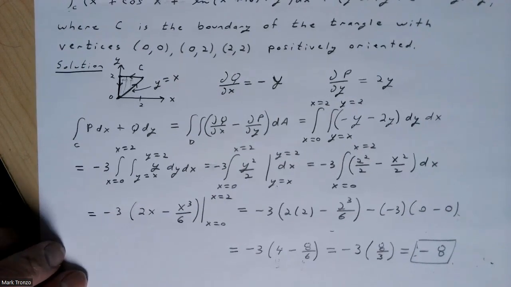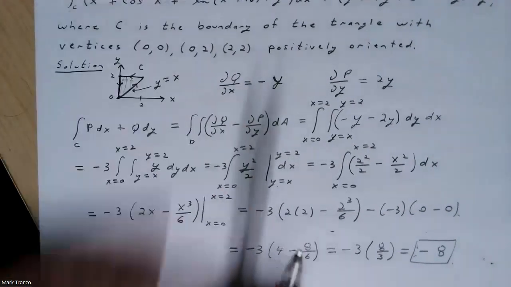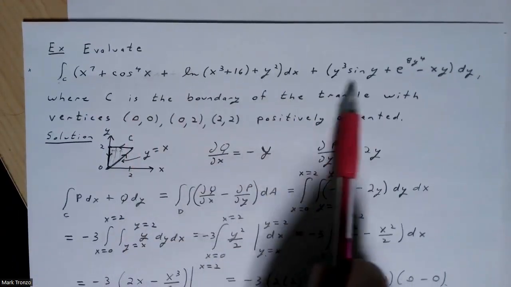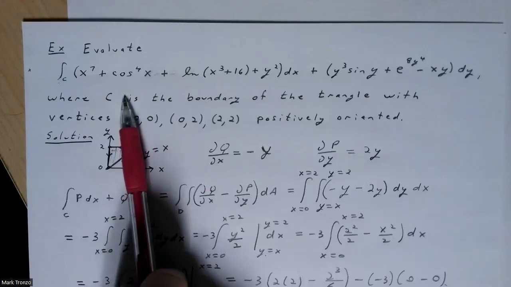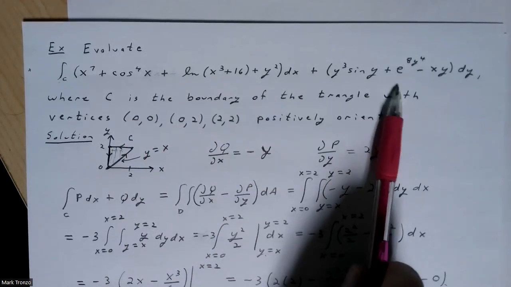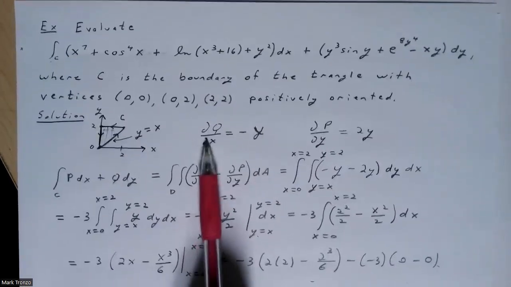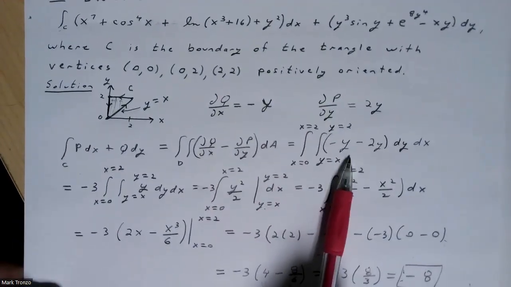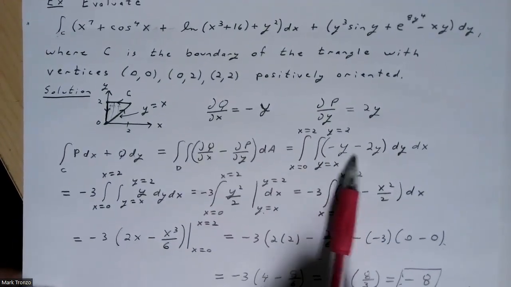And notice what's very important about Green's theorem is that it tremendously simplified the integrand. Look how bad the integrand was here before we started. We took the q dx, the p dy. It simplified all that to negative 3y.